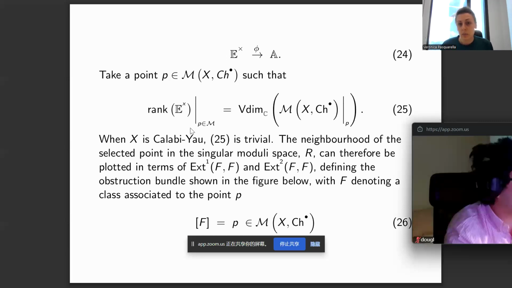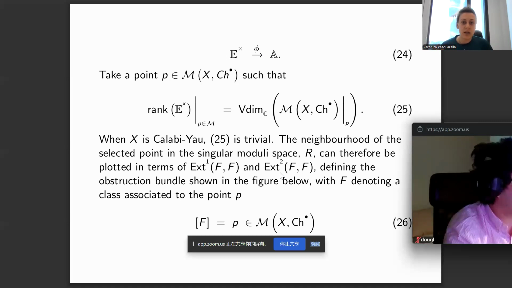So when you need to impose this for the case of singular manifolds, the resolution requires that you pick a particular point in the singular moduli space, and on that point you define a class actually of points at which you can calculate the Ext groups, Ext1 and Ext2.